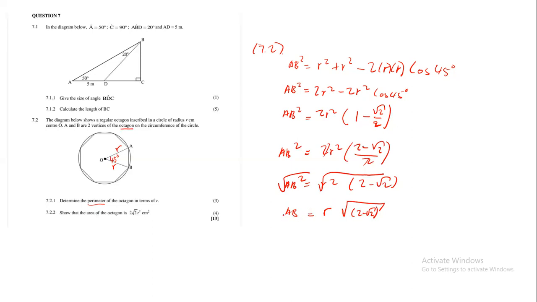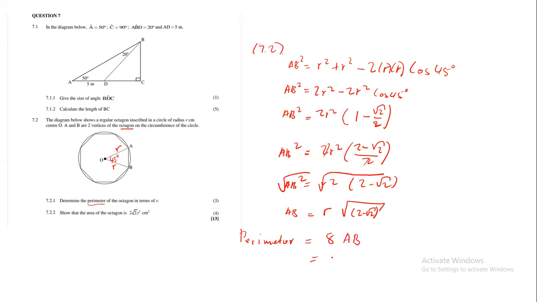But remember, the question wanted us to determine what? To determine the perimeter of the octagon. So now we know the side AB. So we're going to multiply this side AB by 8, because the sum of the sides of our octagon will give us the perimeter of the octagon. So that means we're going to say the perimeter will be equal to 8 multiplied by AB.